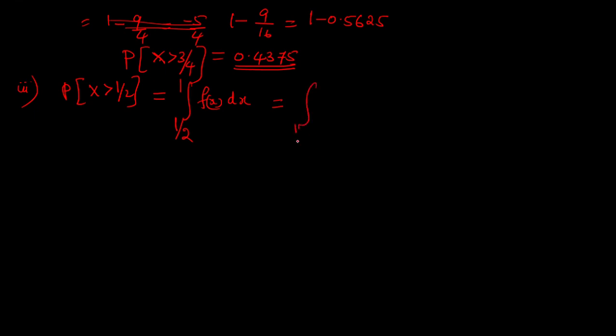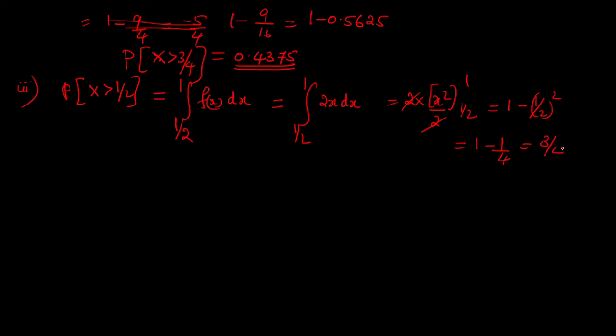Therefore, integral 1 by 2 to 1 2x dx. Taking the integral and putting the limits, it will be 2 into x square by 2 within the limits 1 by 2 to 1. That's 1 square minus 1 by 2 square. Just 1 minus 1 by 4. That is equal to 3 by 4.